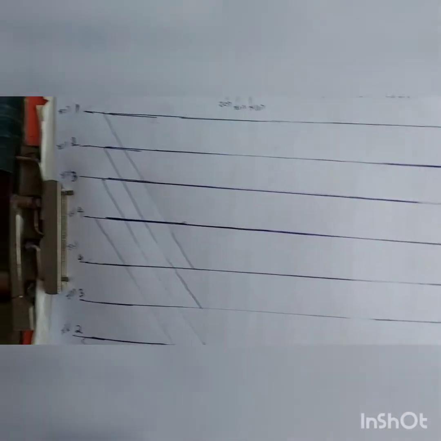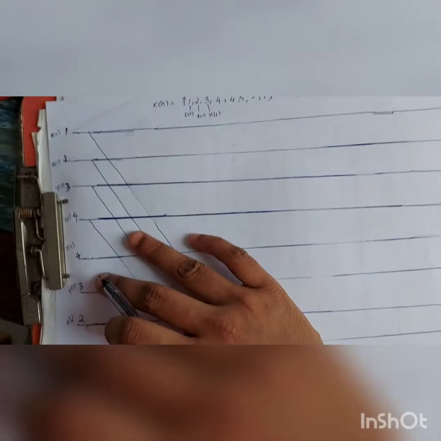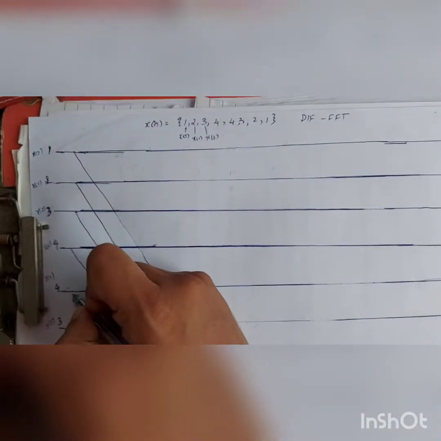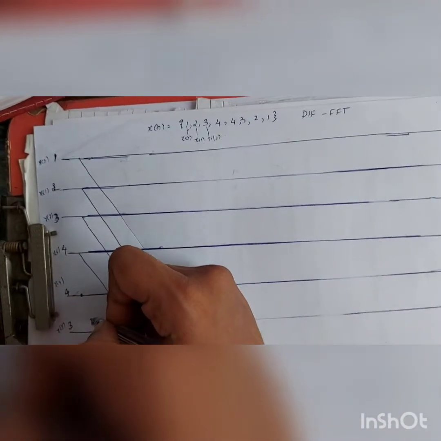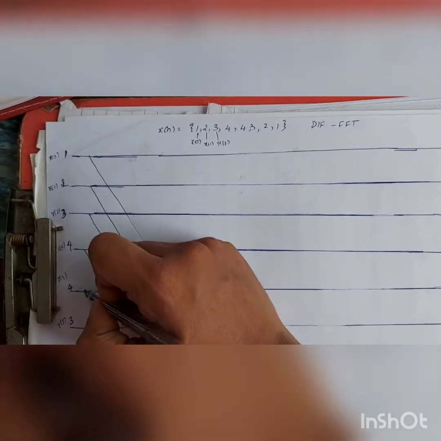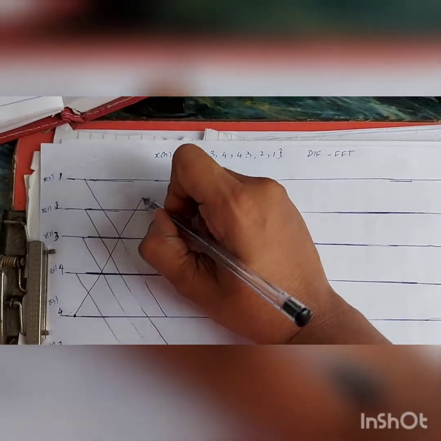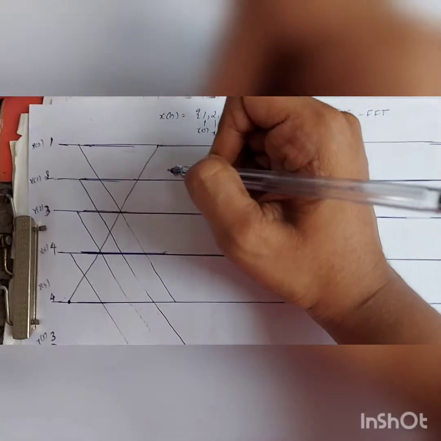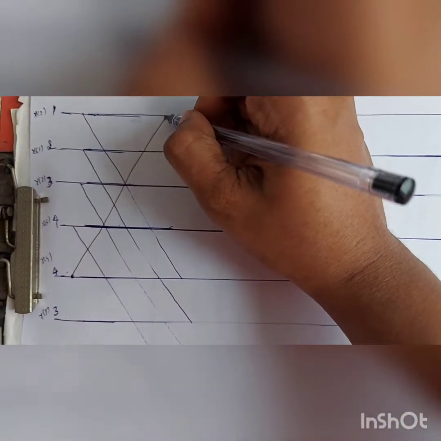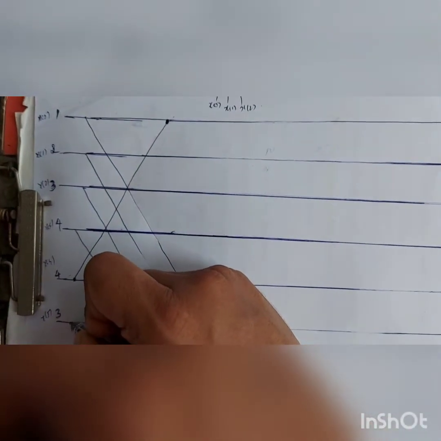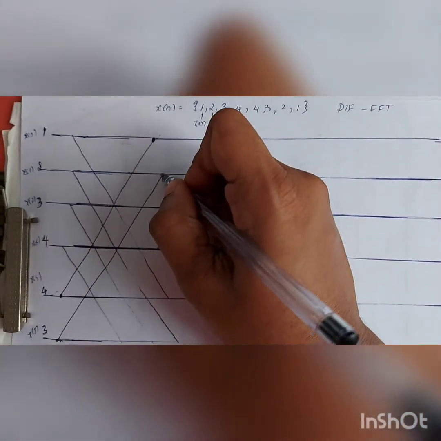For the vertical lines, let me start from here. Okay, from the x of 4 point you go back. Is it clear? So this is your 8-point butterfly. From here you go to the second one.